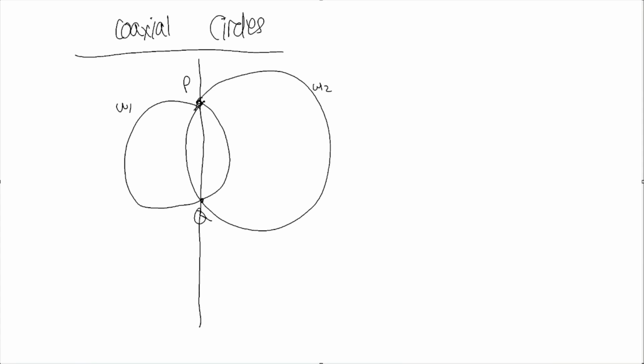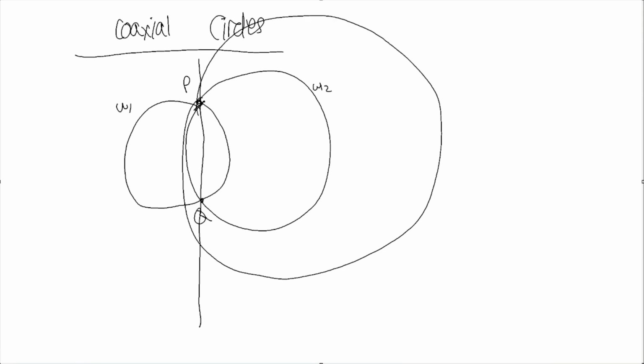Suppose that PQ is the radical axis of another circle with omega 1, say omega 3. So the radical axis of these two circles is the same. Then consider this point here: it must lie on the radical axis of omega 1 and omega 2, and also the radical axis of omega 1 and omega 3.